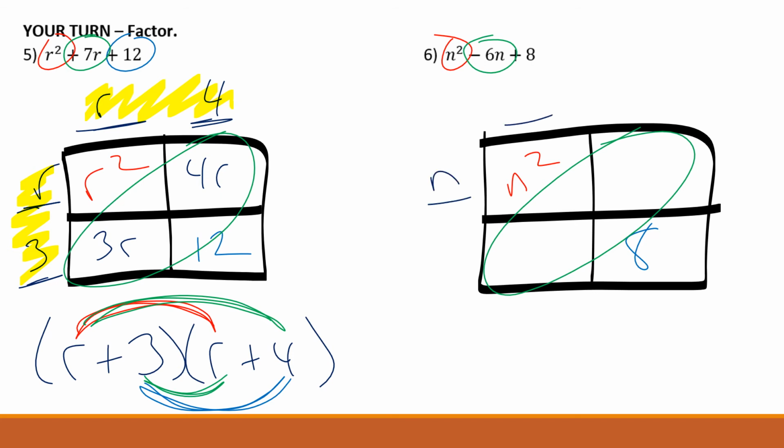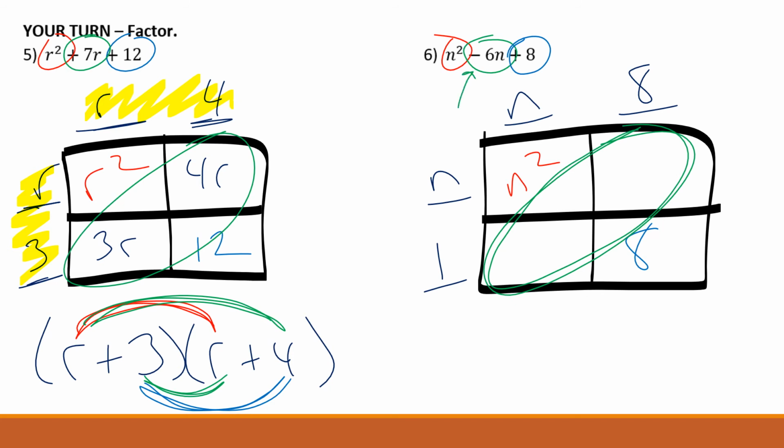Okay. For number 6, let's check this one out here. Again, we know this has to be n and n. And then again, starting with things that multiply to 8, 1 and 8. Those are easy things to check, but it has to multiply to a positive, right? So it multiplies to a positive, but the green term combines to be negative.